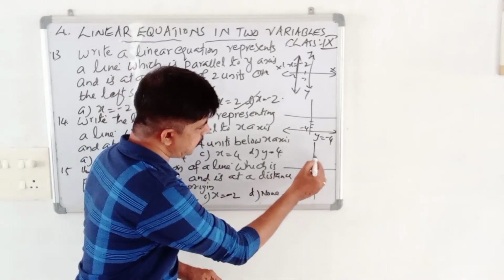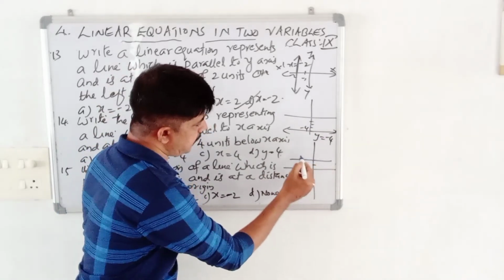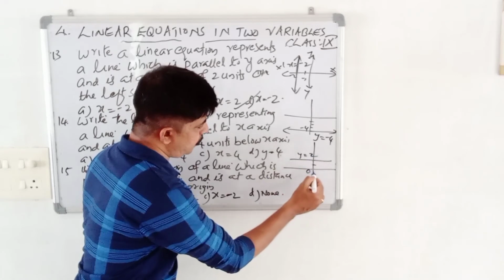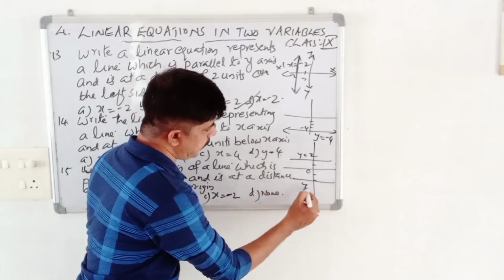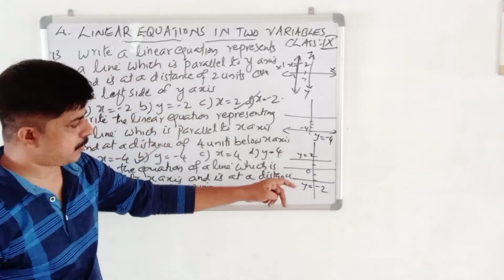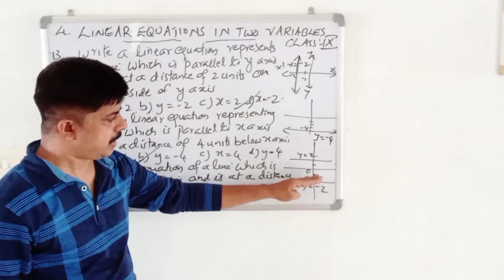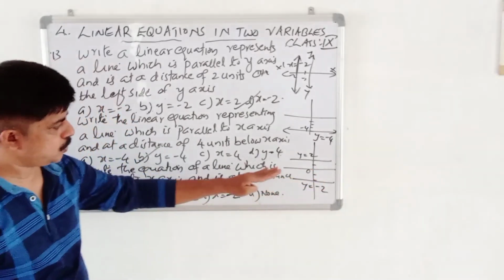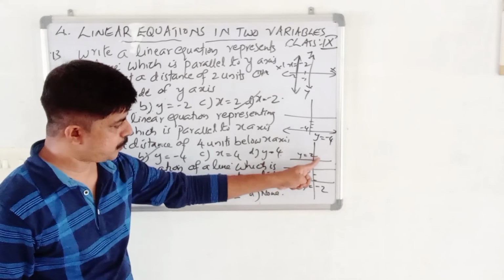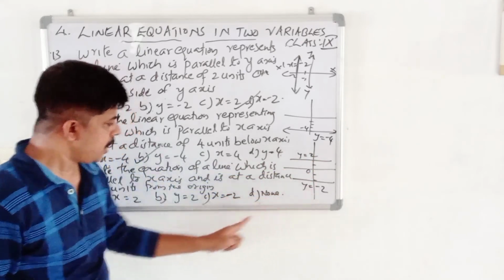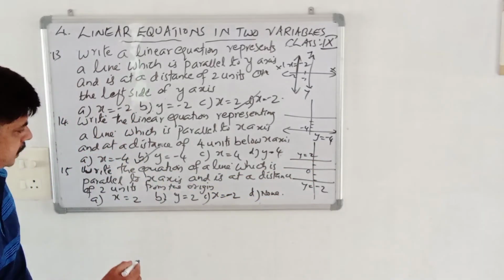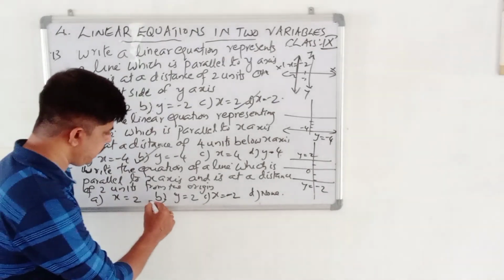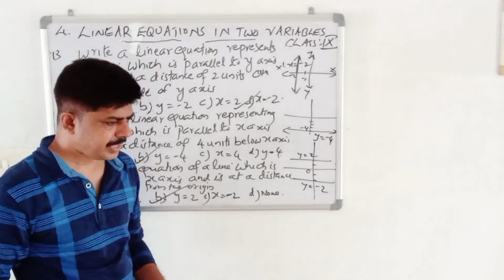Therefore, if you take this line, this is called y equal to 2. If you go below the line, it is called y equal to negative 2. 2 lines are there parallel to the x-axis at distance 2. Either it can be y equal to positive 2 or y equal to negative 2. But in our options we have y equal to positive 2. Therefore, we can select option B. Option B is the right answer.